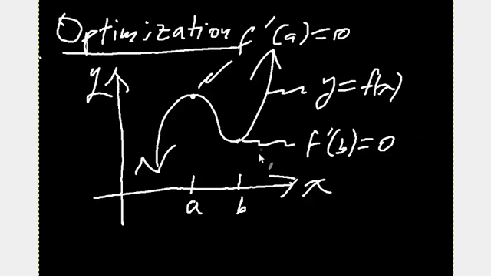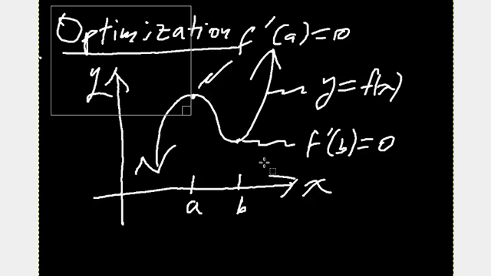So what this graph might suggest is that if we're interested in finding a high value or a low value of a particular quantity, and if we can model that quantity as some sort of function, then it would make sense to look for that high value or that low value at places where the first derivative is equal to 0.